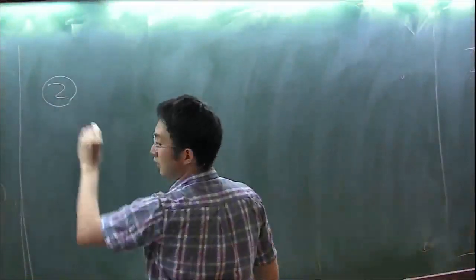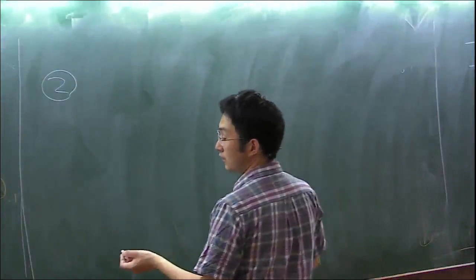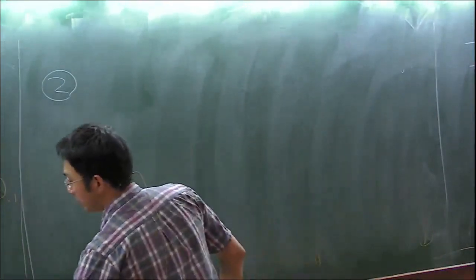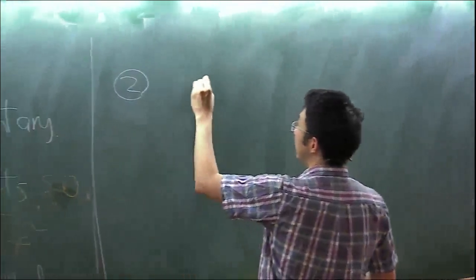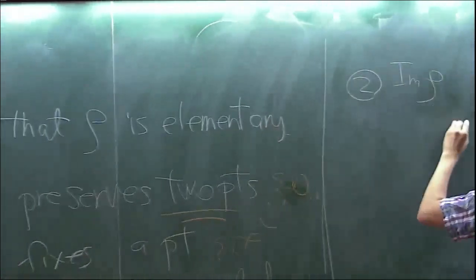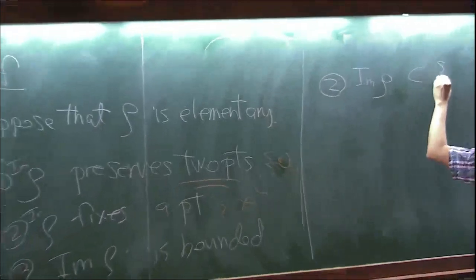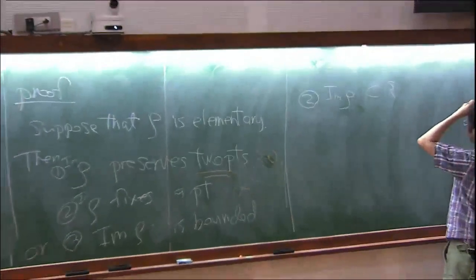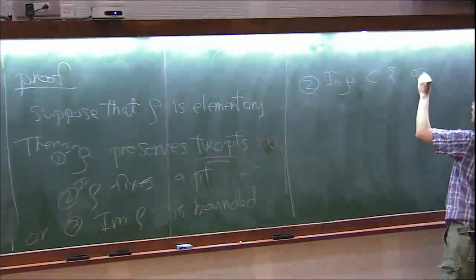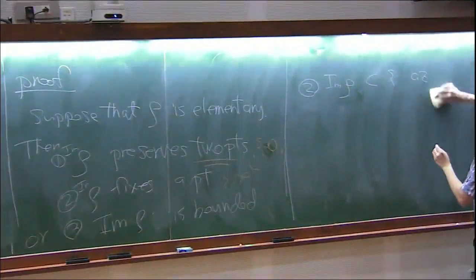Second case, that rho fixes a point. By rho, I mean the image of rho, this image group. So we can assume this point is the point at infinity. That means this holonomy representation is in the affine maps.